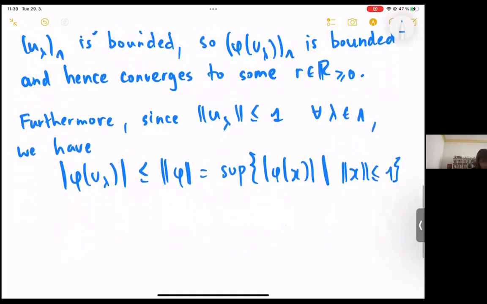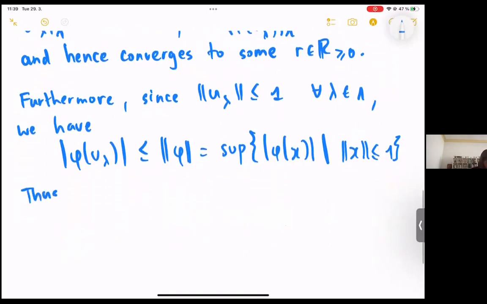So this tells us that R is bounded by the norm of phi.